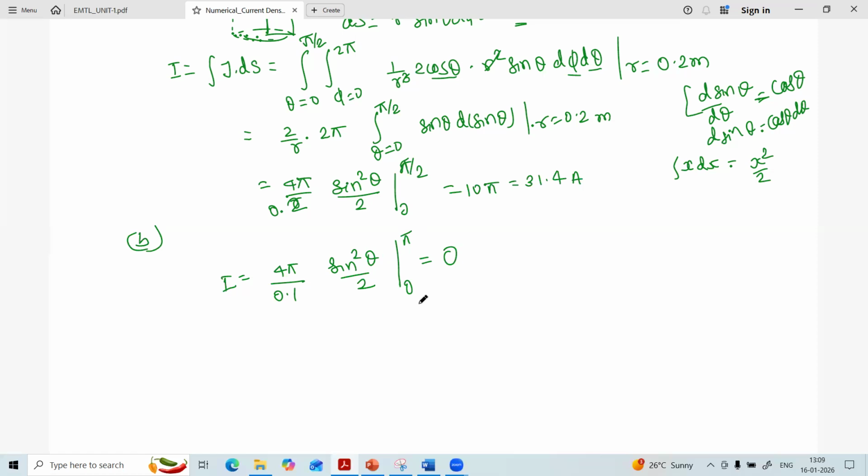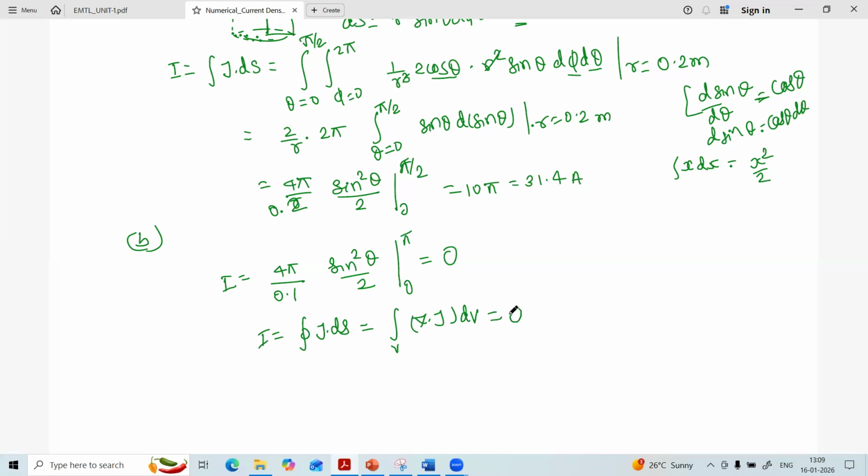This can also be obtained using the divergence theorem. The total current is the integral over the closed surface, and we have a relation between the surface integral and the volume integral by the divergence theorem. The divergence theorem says that the surface integral of a vector equals the volume integral of the divergence of that vector.